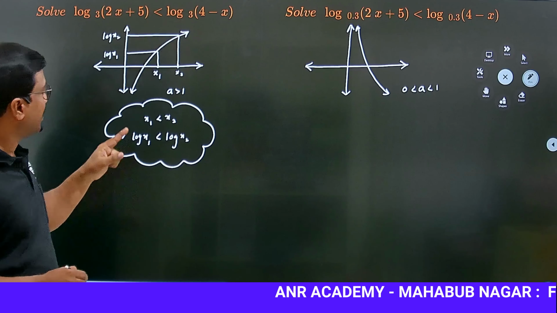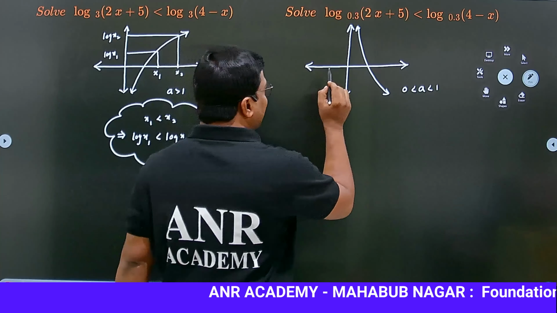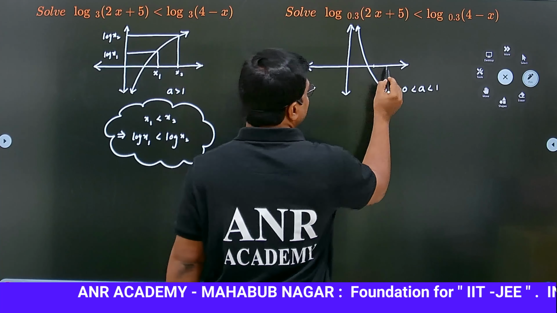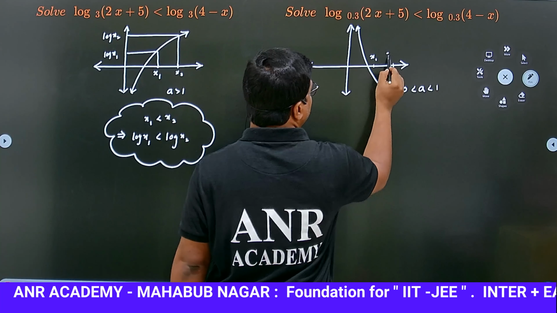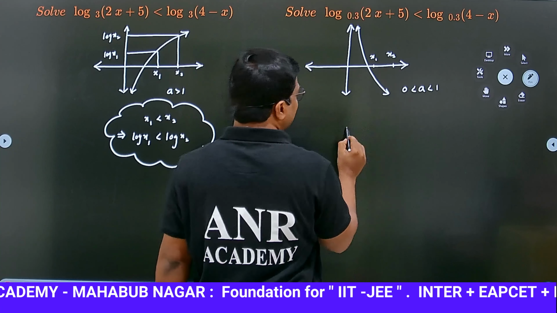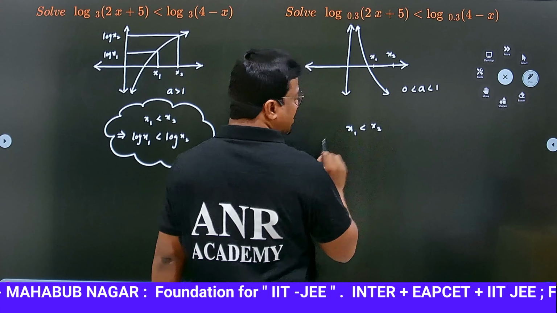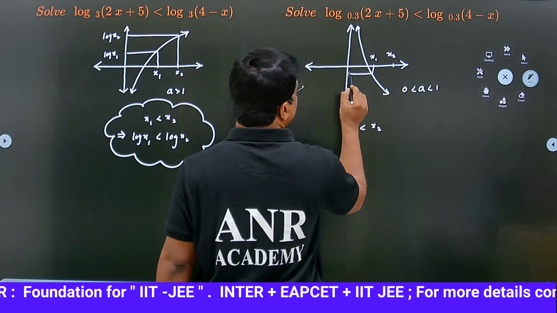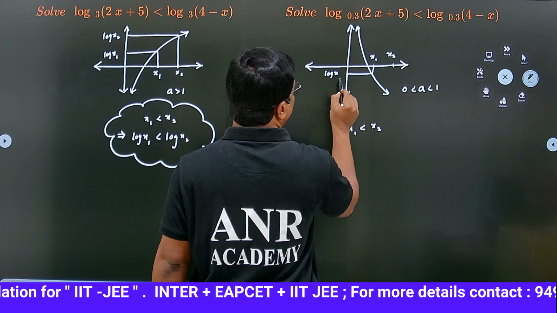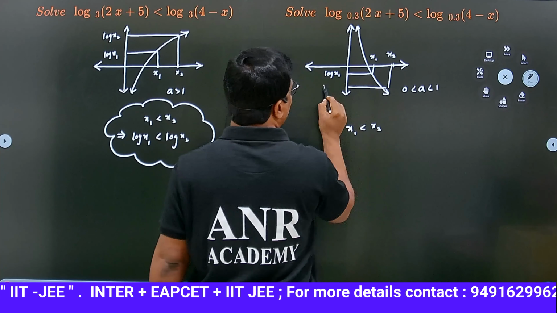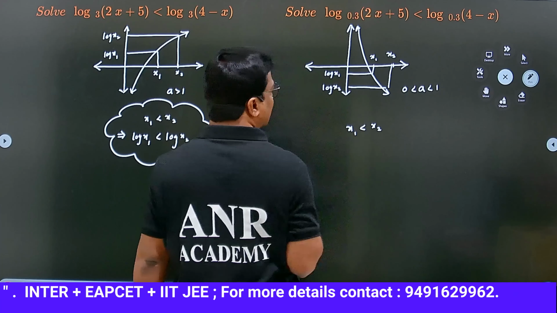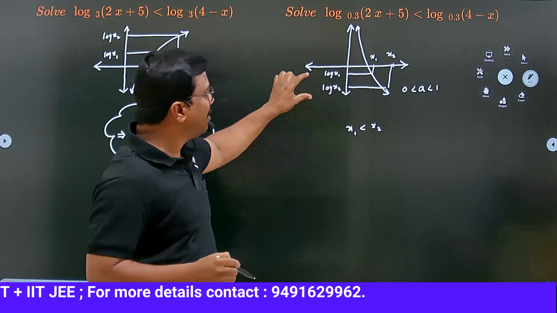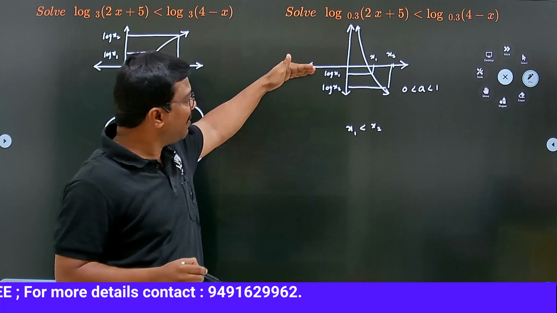Remember, if the graph is in decreasing manner, then see the relation between inputs and outputs. Clearly x1 is less than x2, and for its outputs, this is log x1 and this output becomes log x2. But in this case, due to the decreasing function, log x1 is more compared with log x2.